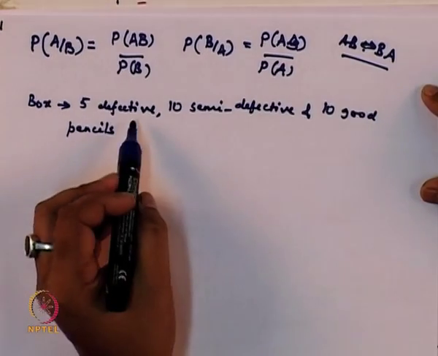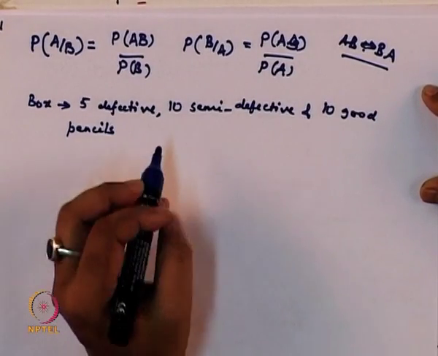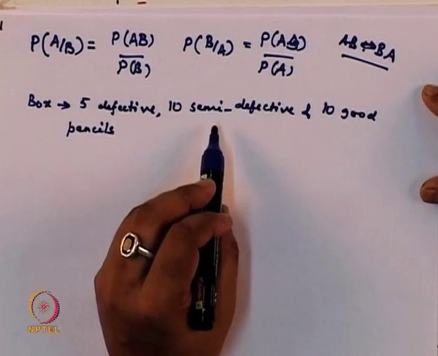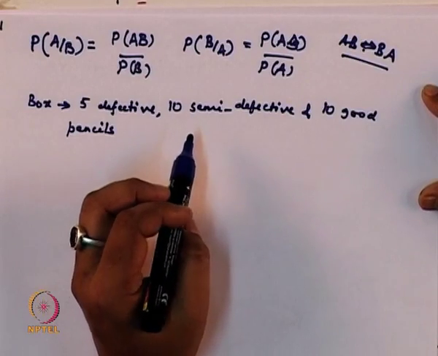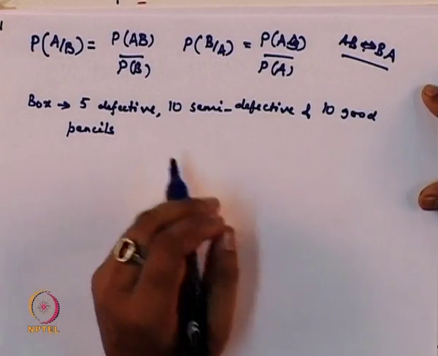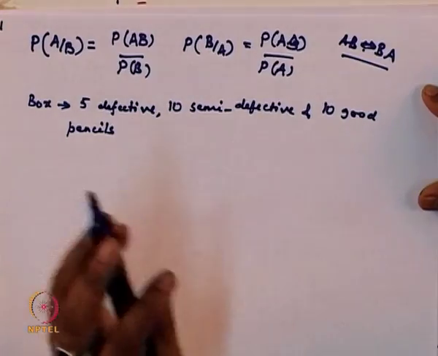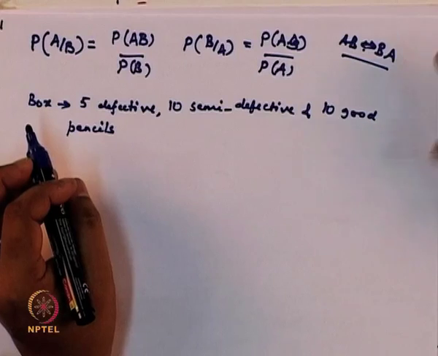Okay. By defective I mean that when you start using the pencil it will keep breaking. By semi defective I mean that when you start using the pencil it will work for some time and then fail. Okay. And good means pencils which do not break so frequently.